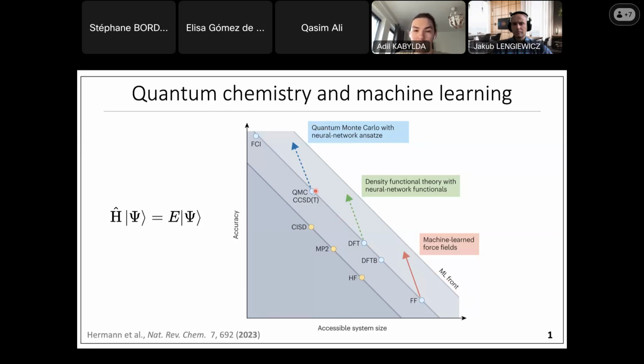In quantum chemistry, you can generate new ansatzes for quantum Monte Carlo algorithms. You can develop new density functionals for DFT, and of course you can do machine learning force fields, which allow you to bridge force field efficiency, meaning the accessible system sizes, with the accuracy of the underlying reference method, whatever you choose.